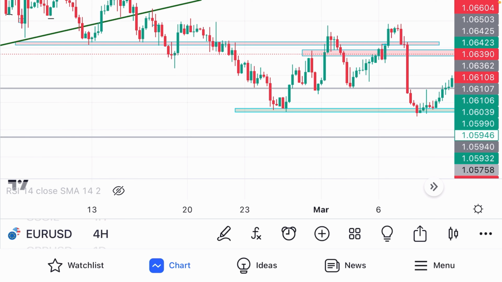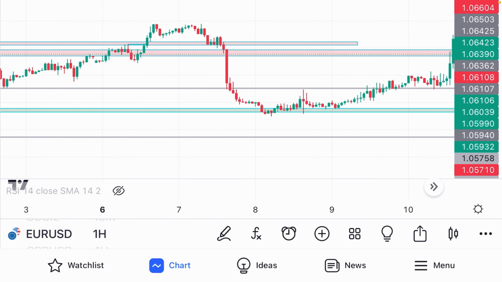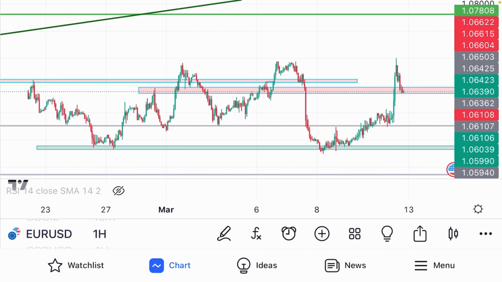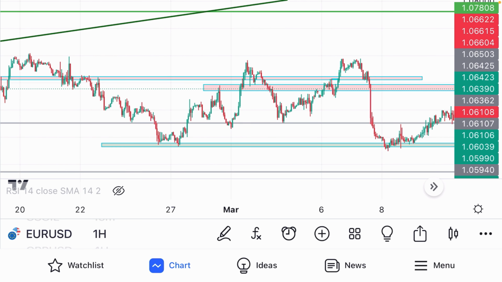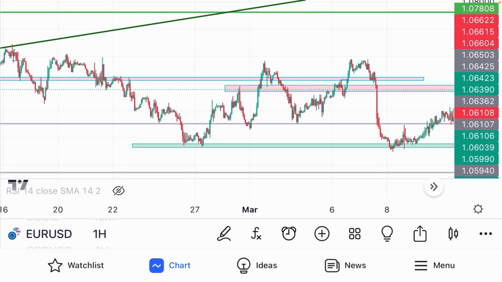So we need to go on to the 1 hour time frame to have a clearer view of what prices are really doing on the lower time frame. On the 1 hourly time frame, prices are moving to the upside.